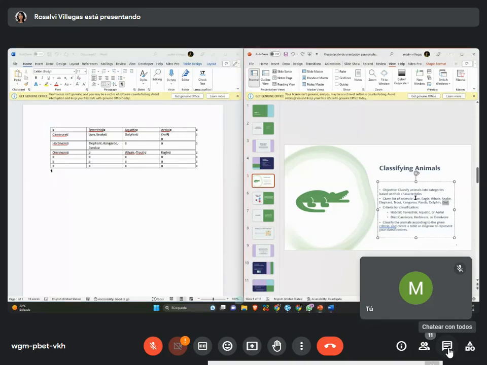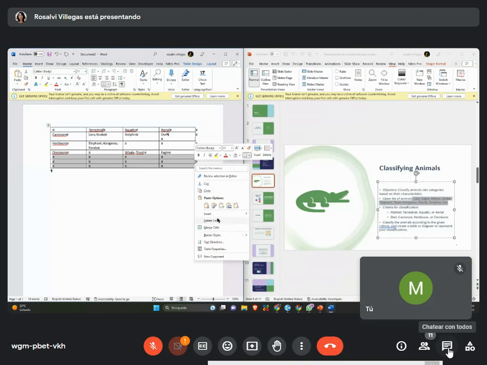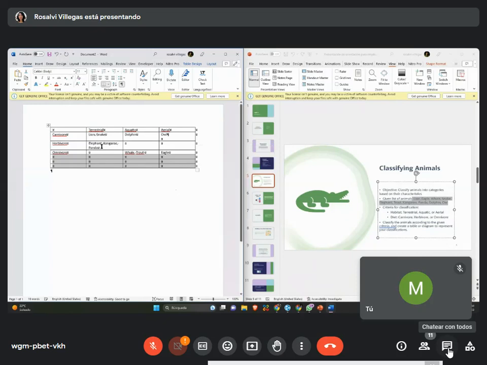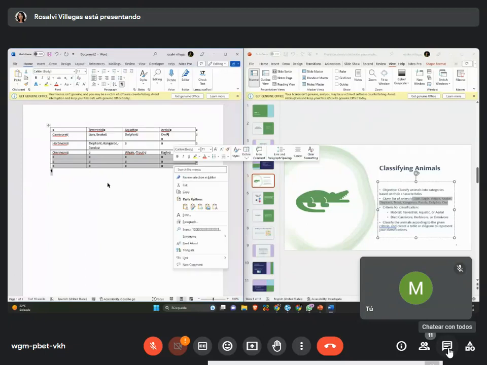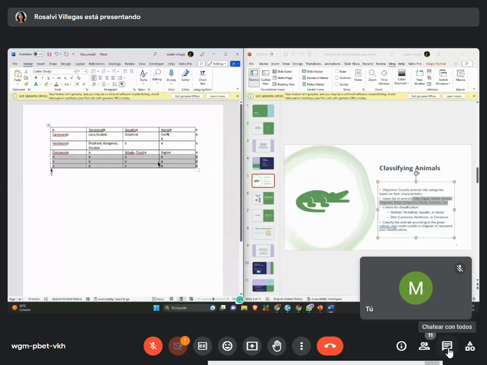Now, we had a list of animals that was just a list. We just made it into a table, and now with this table we have some information about the characteristics of these animals and which have some things in common. Like we now know that the elephant, kangaroo, and panda are both terrestrial and herbivores. So this is a way to group the information about the animals in a more visual way, and it's also a time saver.